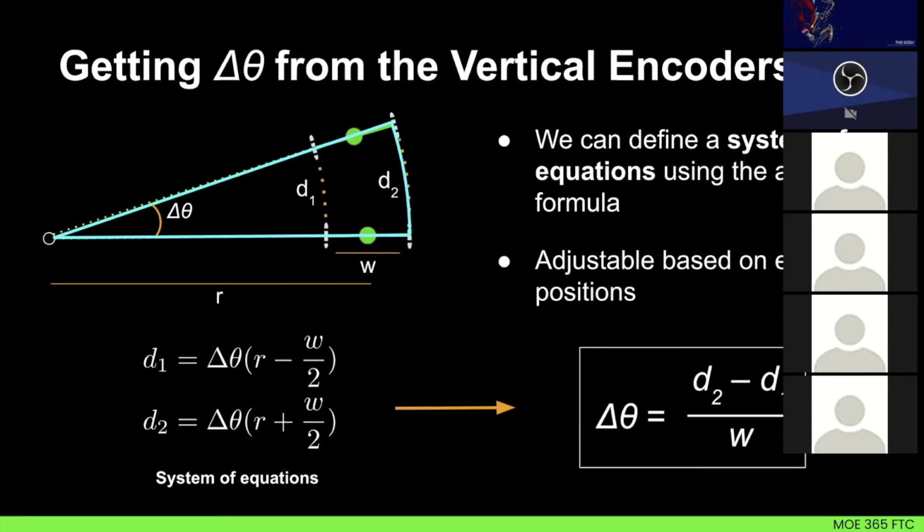After a bit of simplification and solving, we find that delta theta is equal to D2 minus D1 over the width of the robot. This formula will prove to be very useful later when writing code and for future discussion. So just by taking the two values of the vertical encoders and by measuring the width of your robot, you can get the change in theta.